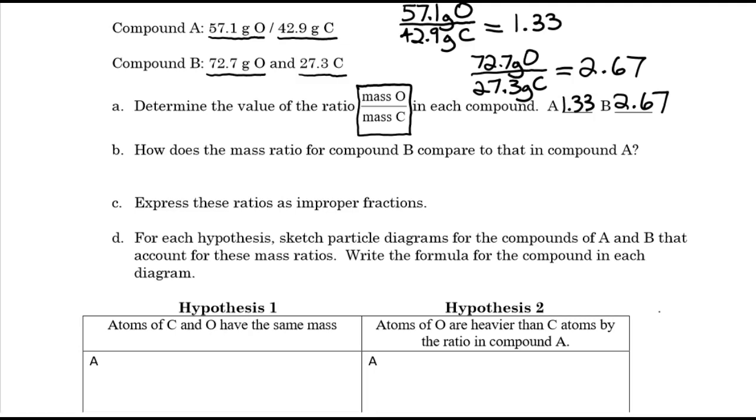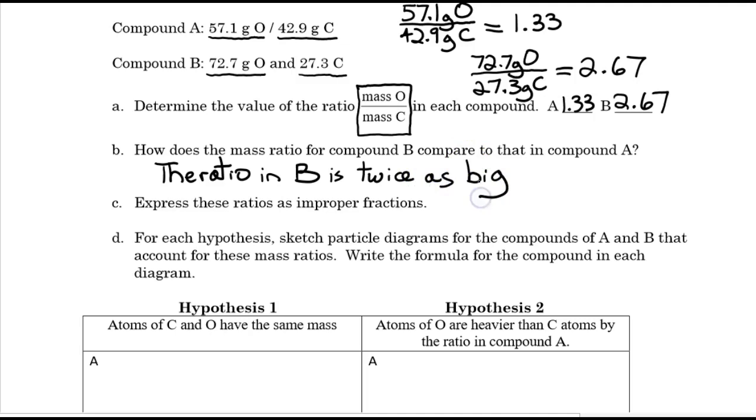So I think we want to be as specific as possible, and we can say the ratio in B is twice as big as the ratio in A.